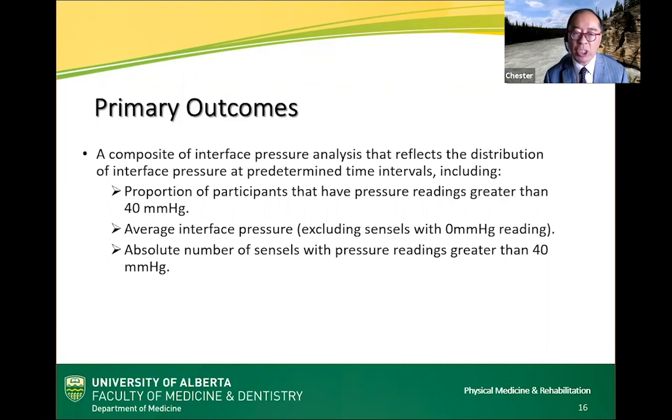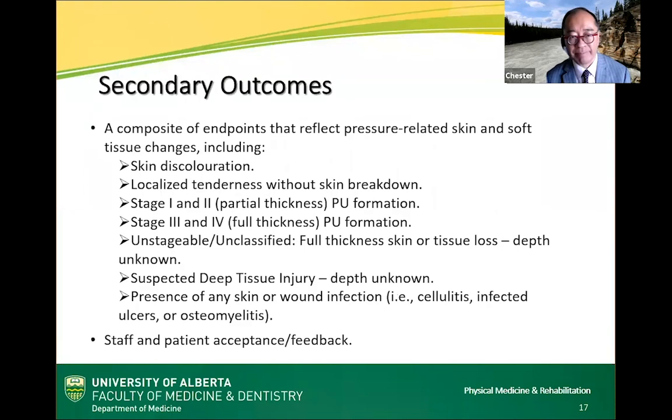We got that number from our pilot study a few years ago, and we analyzed the data and found that to be an important parameter to use. And then we'll also be looking at the average interface pressure. And we'll also look at the absolute number of sensors with pressure readings greater than 40 millimeters mercury.